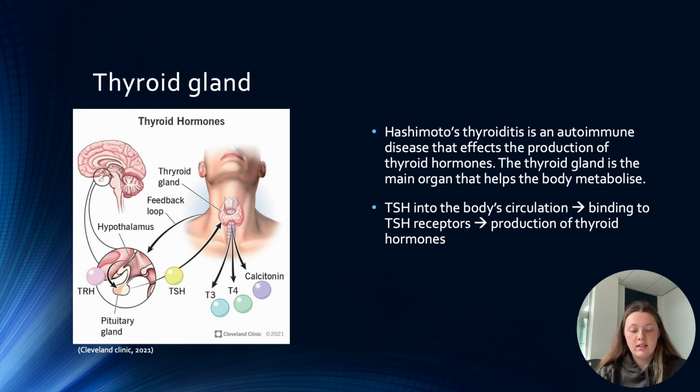To then release the T3 and T4, thyroglobulin is reabsorbed back into the thyroid follicular cells and bound to amino acids, then converting the T4 to T3, which then leads to the synthesized hormones being released into the body's extracellular fluid and into the body's circulation to be implemented where needed within the body.